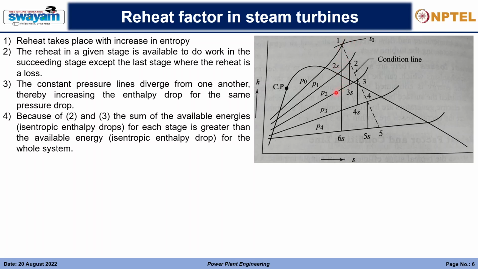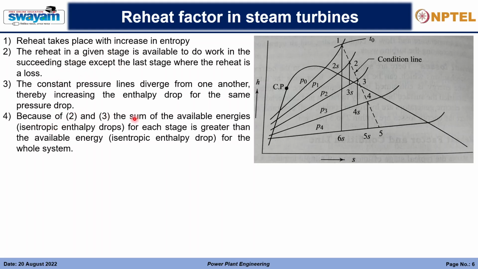As we are moving towards the right side, it is diverging, and the drop in enthalpy is also increasing.